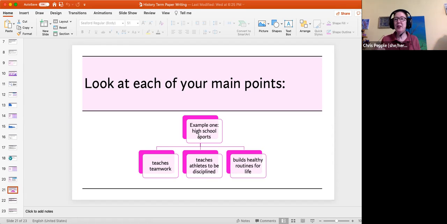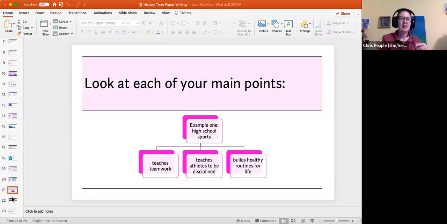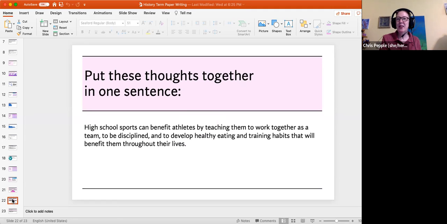You can discuss 3 types of aircraft, maybe. So this is how you take these 3 thoughts and turn them into your thesis. You just put those 3 thoughts together. High school sports can benefit athletes by teaching them to work together as a team, to be disciplined, and to develop healthy eating and training habits that will benefit them throughout their lives. So you're taking these 3 thoughts and putting them together in one sentence. That is all a thesis is. That is truly all.